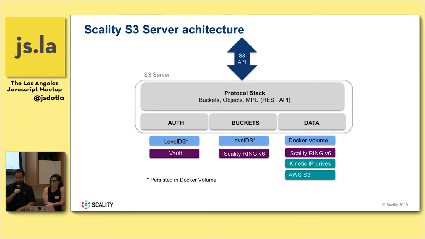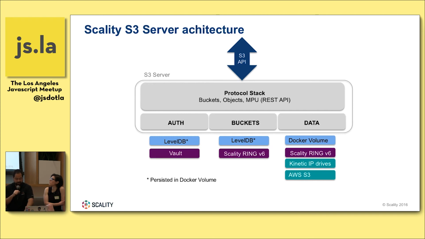So the open source S3 server, the architecture looks like this. It's all done in JavaScript. When we started, we thought that we would do a lot of C code, a lot of modules. So we learned NaN and all these things. And in the end, we didn't have to do any. Actually, the performance we got after optimizing was good enough without any C modules.